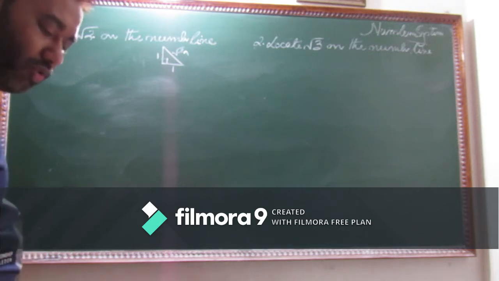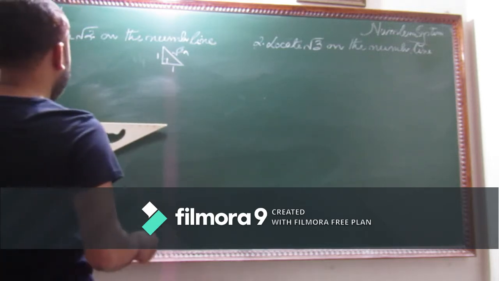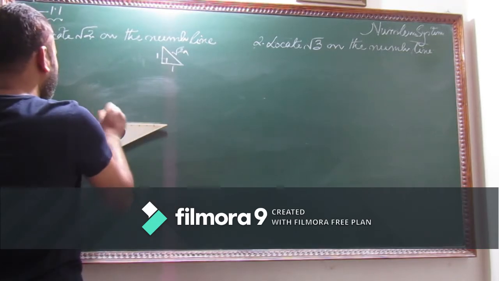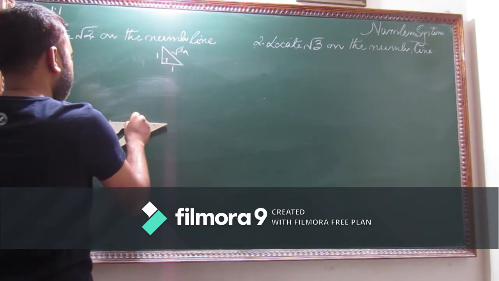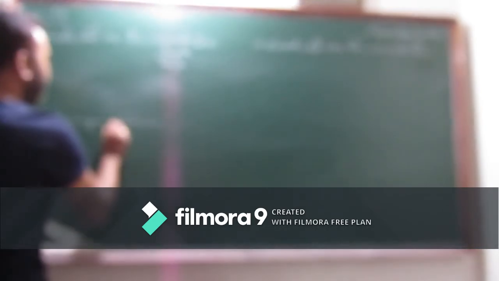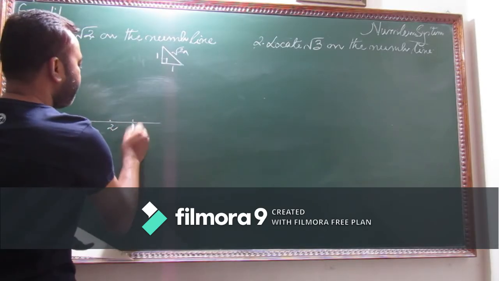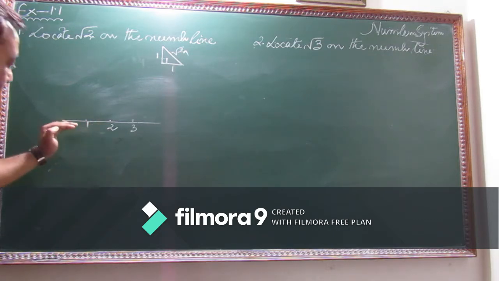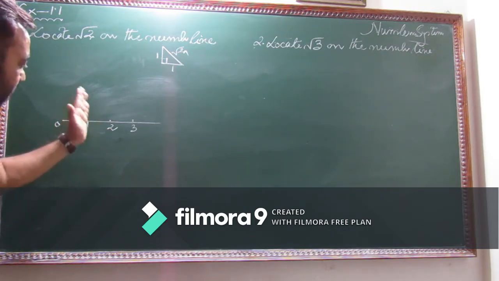To draw this root 2 on the number line, let me draw a number line. This is 0, this is 1, this is 2, this is 3. Now I have to draw a right triangle here whose base is 1 as well as whose height is also 1.